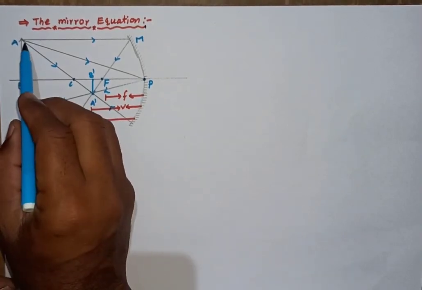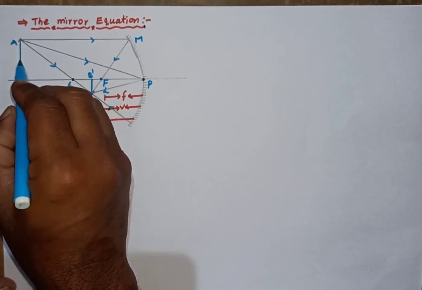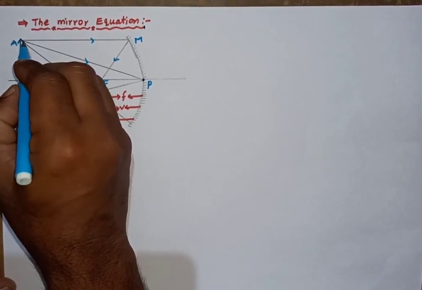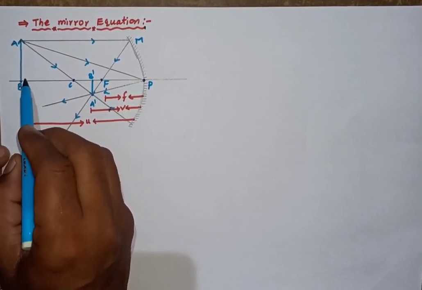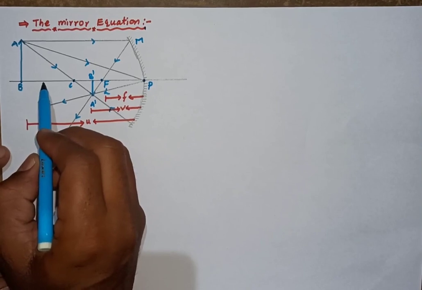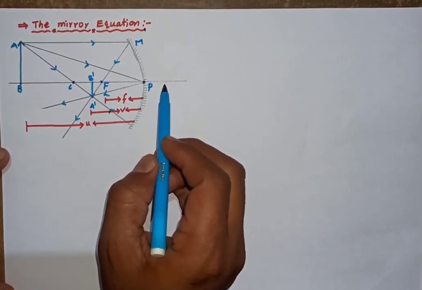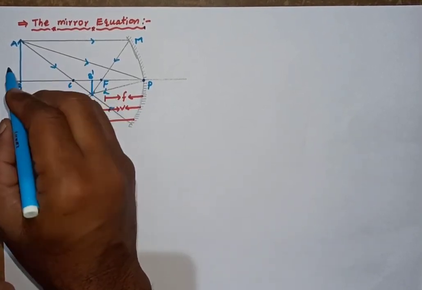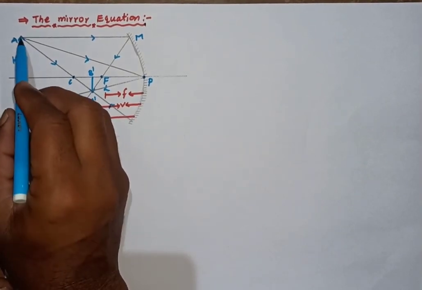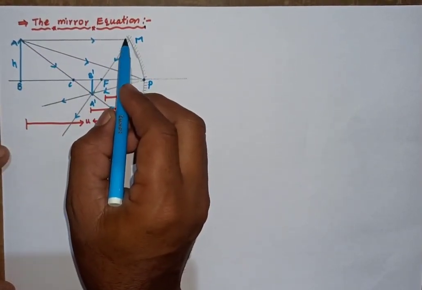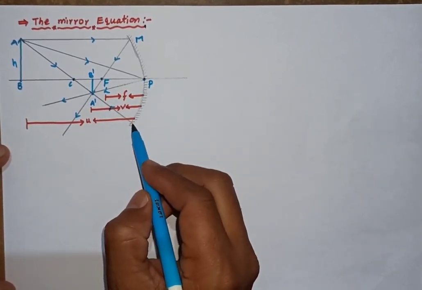We have taken an object AB, perpendicular and upward to the principal axis, with height H. From AB, three rays are incident on the concave mirror.